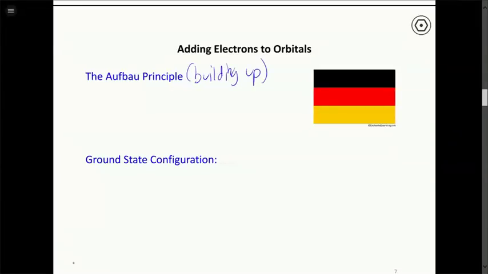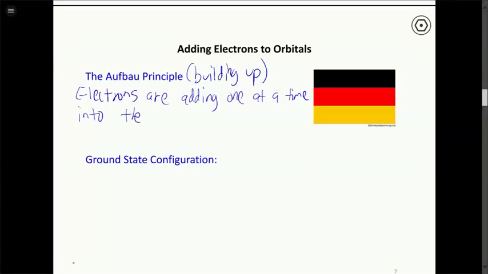And not surprisingly, this is a German word, Aufbau. What it tells us is that electrons are added one at a time to the lowest energy subshell that's available. So it's this building up principle where we add electrons one at a time, and the next electron always goes into the subshell that's lowest in energy that still has some empty space in it.